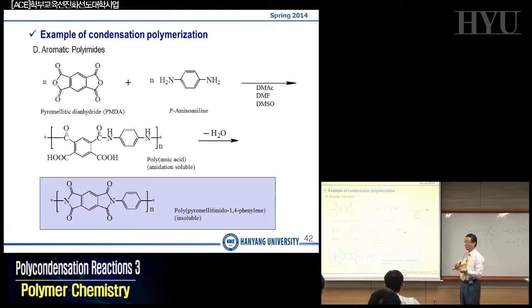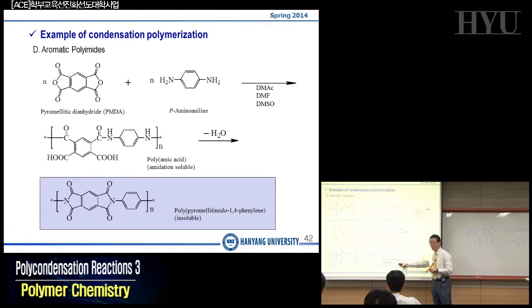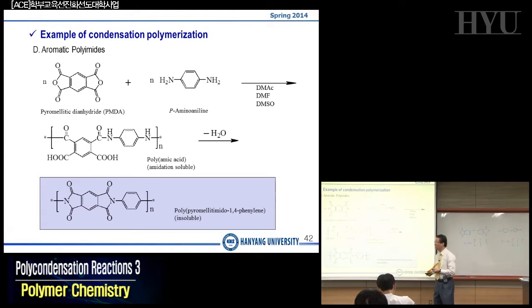So thermal cross-linking at high temperature produces the insoluble Kapton films. You can also make fiber out of this polymer, but not in this structure.